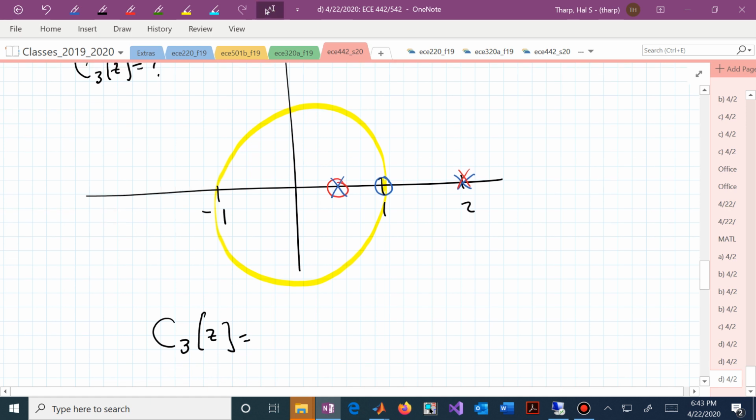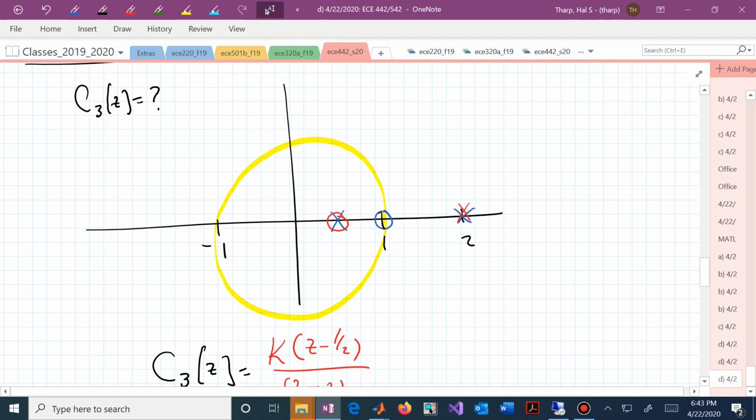Now my controller is k (z minus 1/2) over (z minus 2). And you know what this root locus looks like, because the geometric mean now, with L1 equaling 1, L2 equaling 1, and the square root of 1 is 1. Now if I could draw this, this would now have a radius of 1.